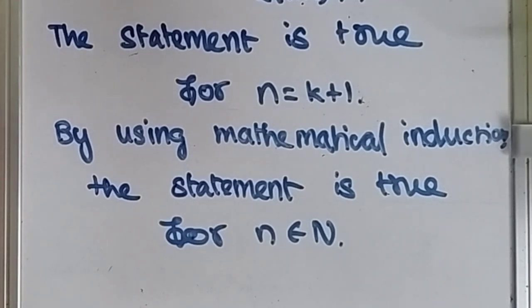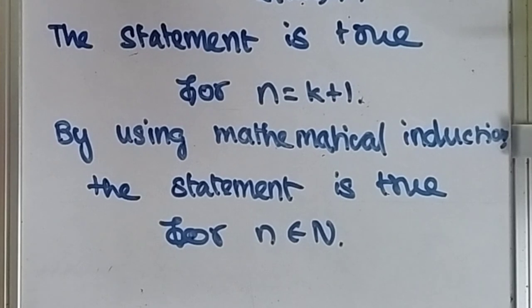We have to prove this equation behaves properly for all values of n which belong to natural numbers. So we put the equation with n equals 1, n equals k and n equals k plus 1. Initially we take n equals 1 and verify it, because n equals 1 means we take only one term in the series, so we can easily verify that.